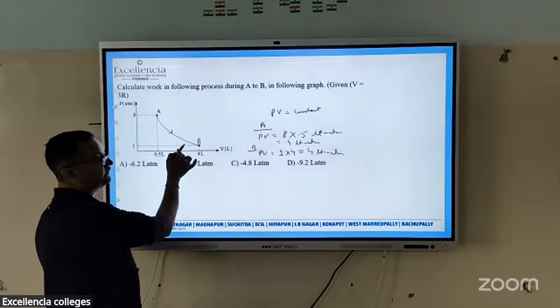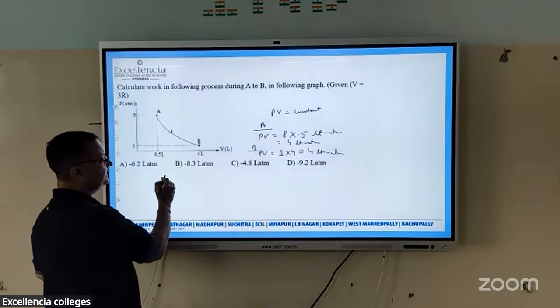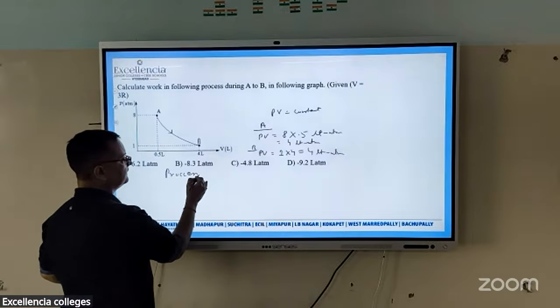So what is the process going on here? We can say the process is isothermal and reversible expansion. Please have a look at that.